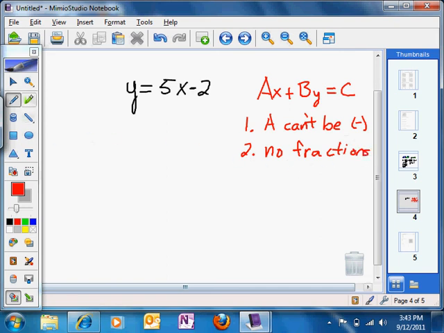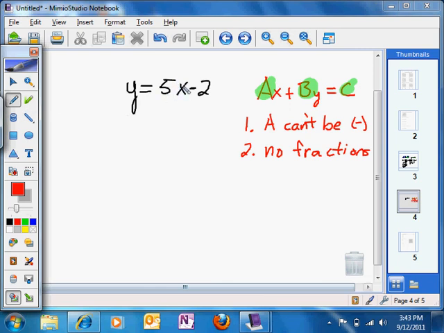So if we look at this closely, all this standard form means is I want all of my x's on the left side of my equal sign, plus or minus all of my y's, and then equals my constants, the numbers without the variables.